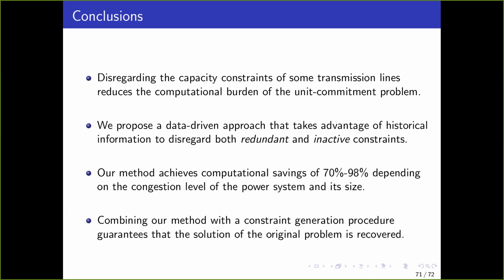By doing that, we achieve computational savings that range from 70 to 98%, depending on the congestion level and the size of the system. This method may also involve small infeasibility, but that can be taken away by combining it with the constraint generation method.